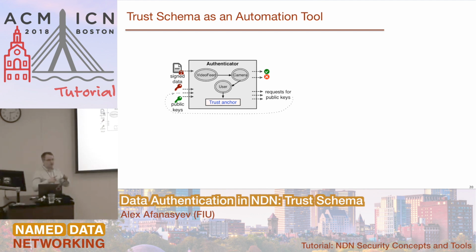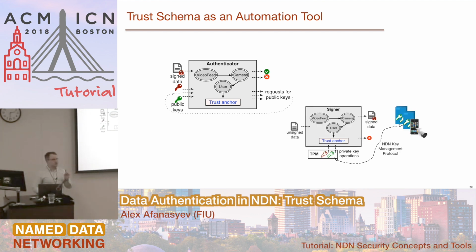This automaton, or whatever the machinery is, requests the necessary keys following the key locator, checks whether those keys can actually sign the data using this name, and then does the actual verification of the cryptographic signatures, giving the answer yes or no. So this is what we have in the code, which is a straightforward process. There is also another process that we have been thinking about for a long time. There's initial code, but it's a more complex procedure.